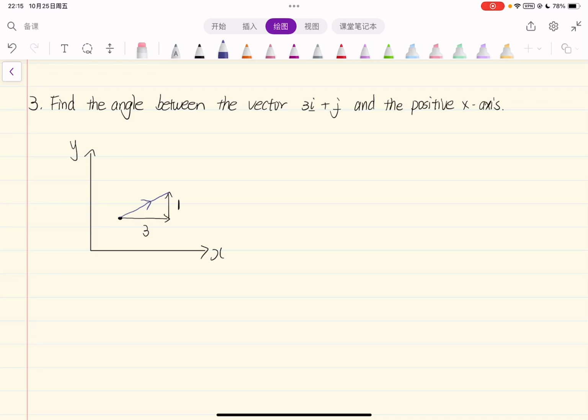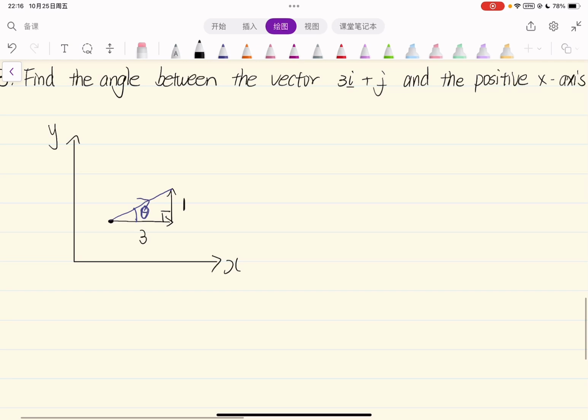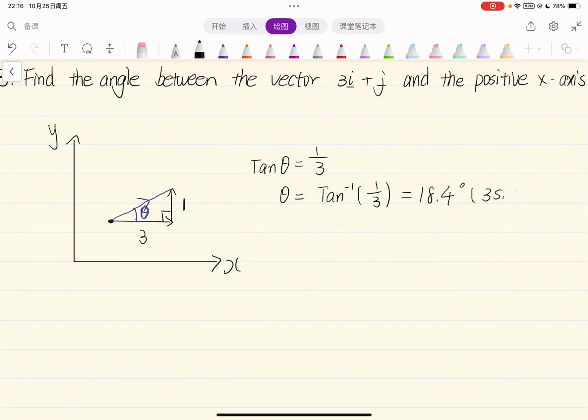So that is angle theta over here. In this case, we can see this is a right angle triangle, and we know the two sides of that. So we get that tangent theta equals 1 over 3. Thus, theta equals inverse tangent of 1 over 3. That equals 18.4 degrees to 3 significant figures by using the calculator.